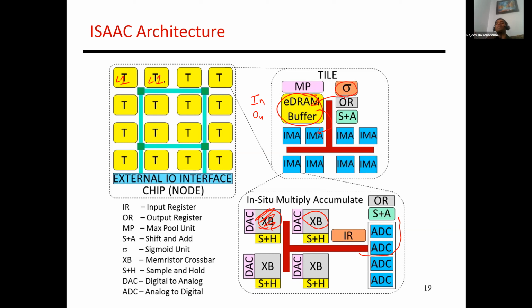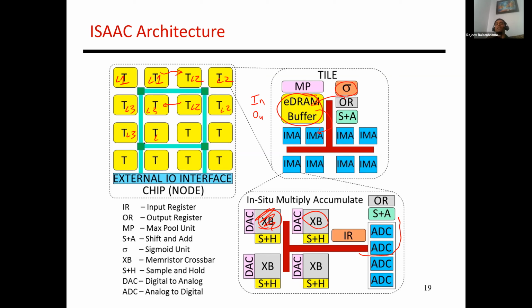All the weights for layer 1 have already been placed in the crossbars belonging to those 2 tiles. Once you get the result, it gets placed in the EDRAM buffers over here, which is where layer 2 is implemented. Maybe layer 2 is larger, and so maybe it needs 4 tiles to accommodate all of the weights. Once it produces its result, those results go into layer 3, which is implemented over here.